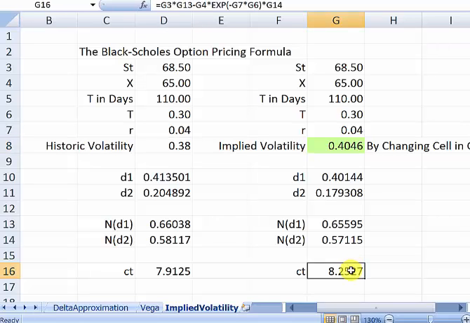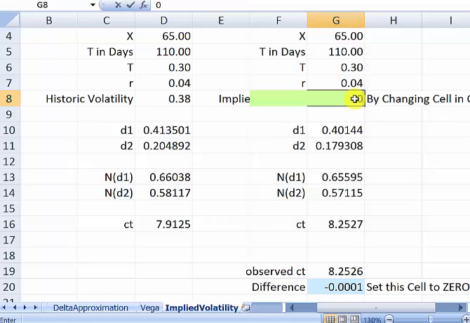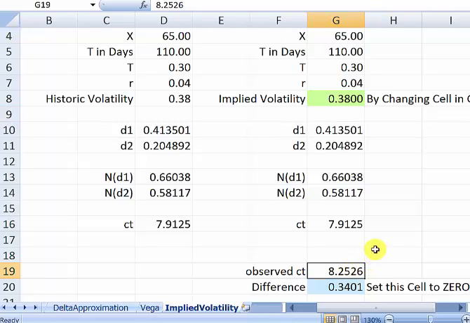But if you observe something different, say this is the observed value. Let's put the number back to 38%. In the market, you'll observe the option actually traded at $8.25.